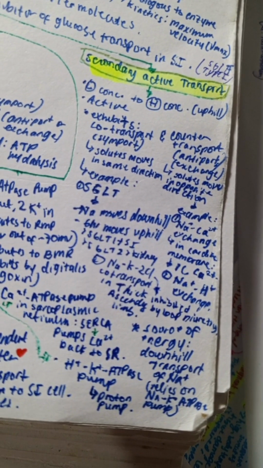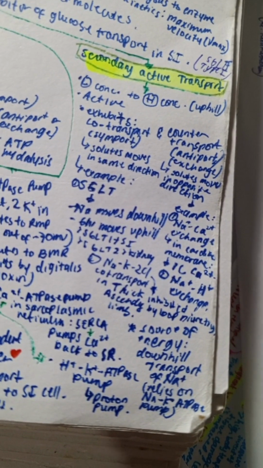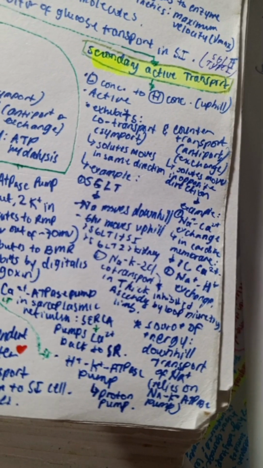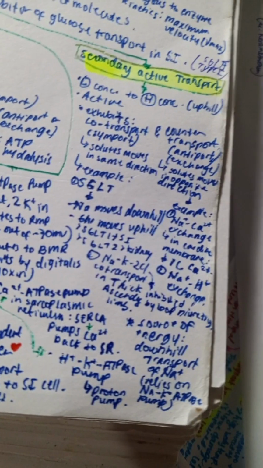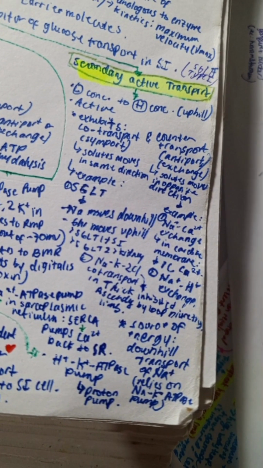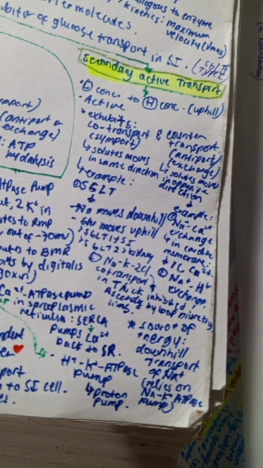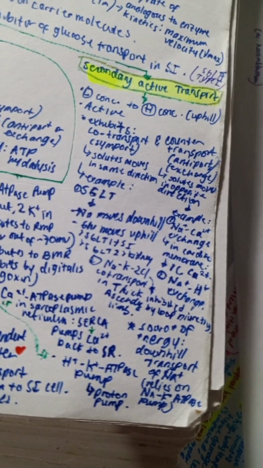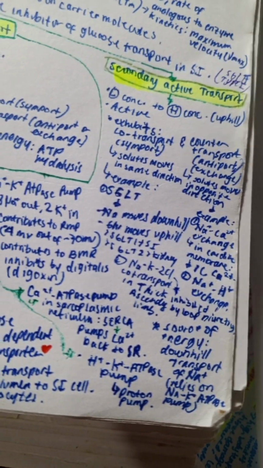It relies on the sodium-potassium ATPase pump. So remember that it relies on the sodium-potassium ATPase pump, with sodium moving from high concentration to low concentration. That's the source of energy of secondary active transport.